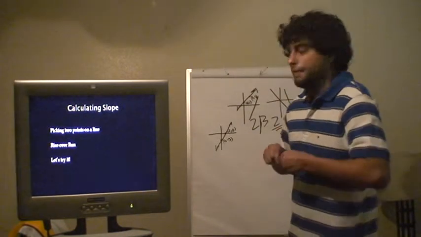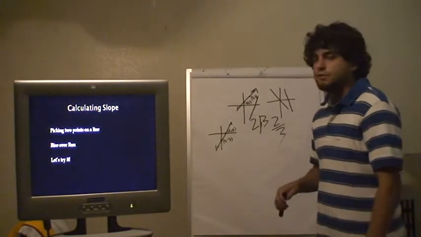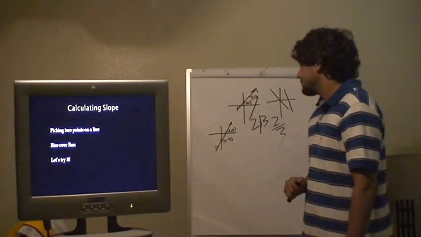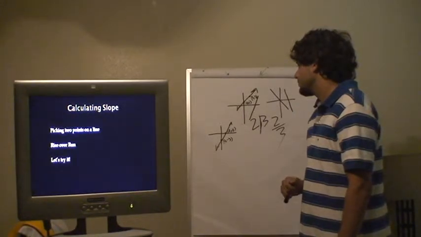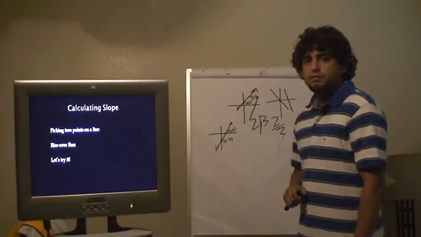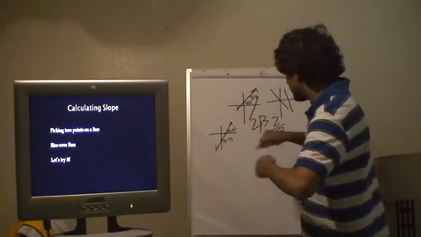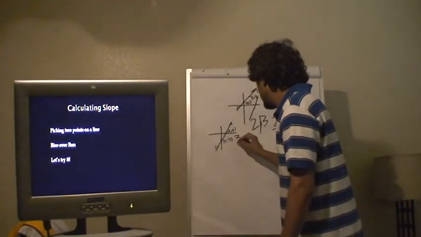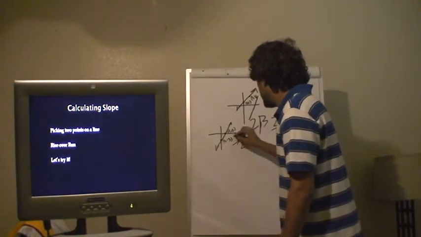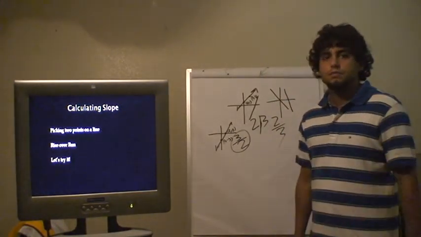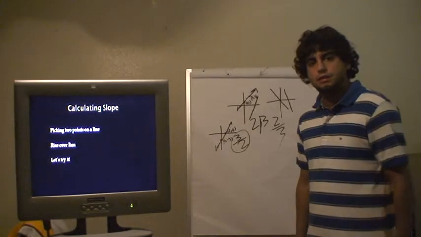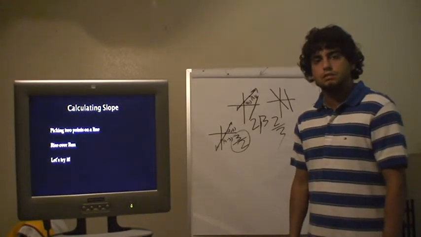So, somebody find out what that slope is for me. Anybody? That's right. It's 3 over 2. That's our slope. Okay? Does everyone see how that's done? Any questions? No? Okay.